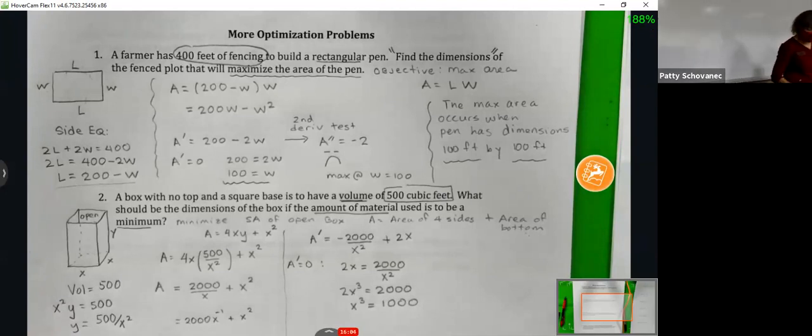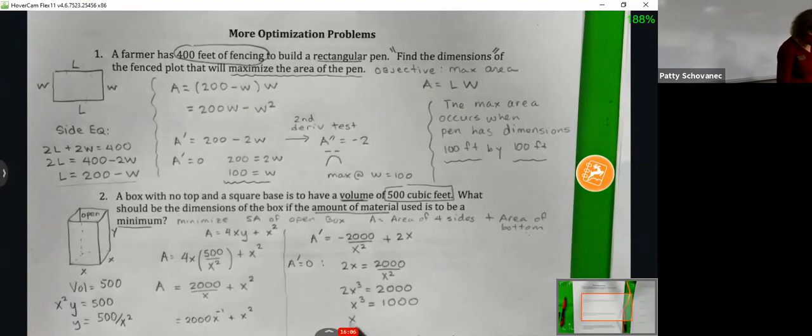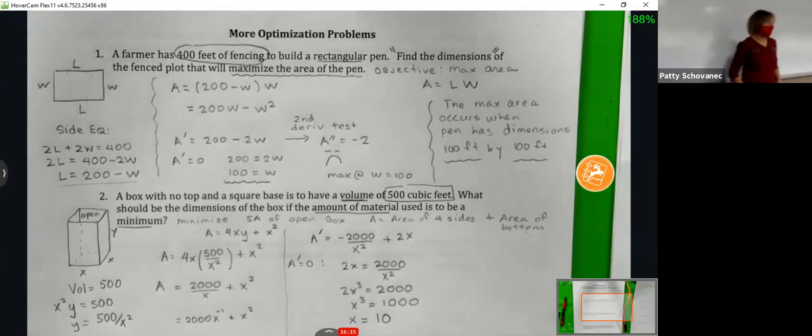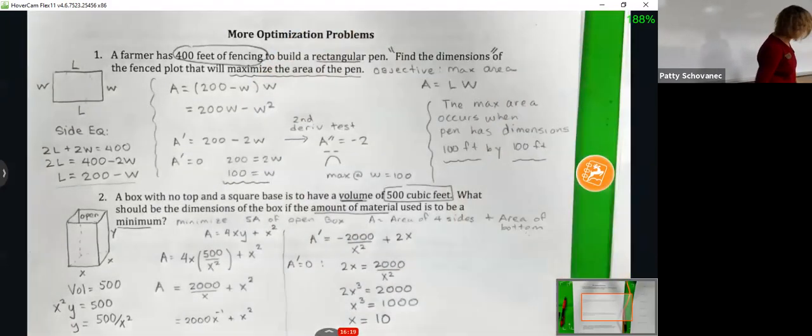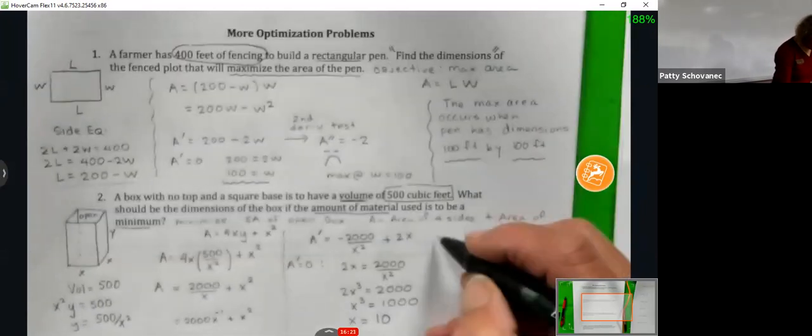Is that a nice number? Anybody know the cube root of 1,000? So x is 10. It's our critical number. We're going to check if it gives us the minimum. So let's do the second derivative test.